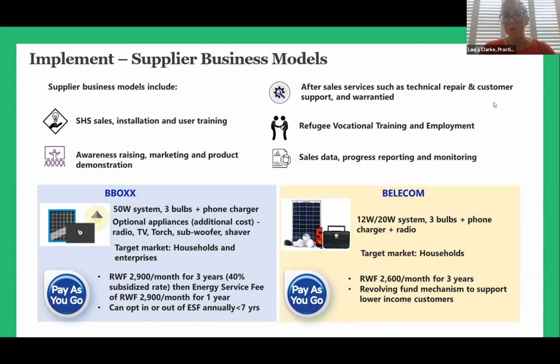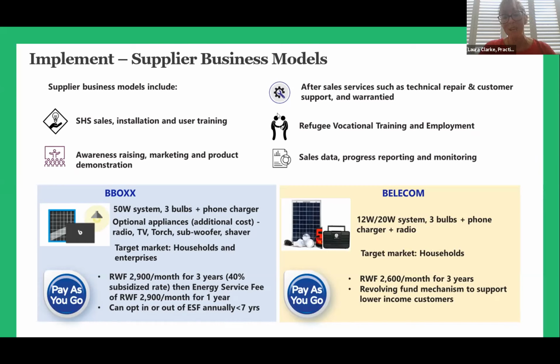And then in terms of the price point of those two systems, Bbox offered their solar home systems at 2,900 Rwandan francs a month for a period of 3 years, which was a subsidized rate. So in particular, the financial assistance we provided was a subsidized rate for that solar home system.